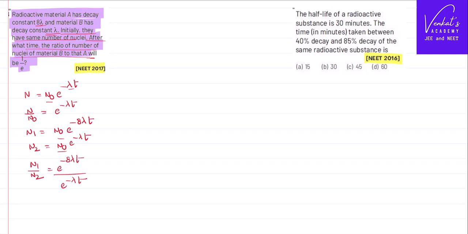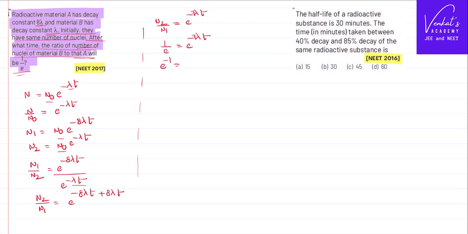That means N2 by N1 is the reverse: e power minus 8 lambda T goes to the top and becomes plus 8 lambda into T. So N2 by N1 equals e power minus 7 lambda into T. That ratio of B to A is 1 by e as per the problem, so 1 by e equals e power minus 7 lambda into T.